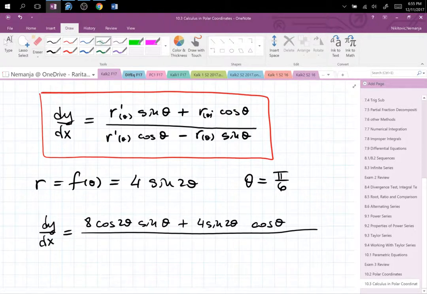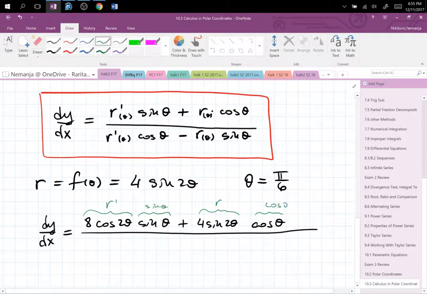If I need to color code this, fine. Here's your r prime, here's your sine, here's your vanilla r, and here's your cosine. Just follow that. On the bottom, we have the same deal: 8 cosine 2 theta times cosine theta minus 4 sine 2 theta sine theta.